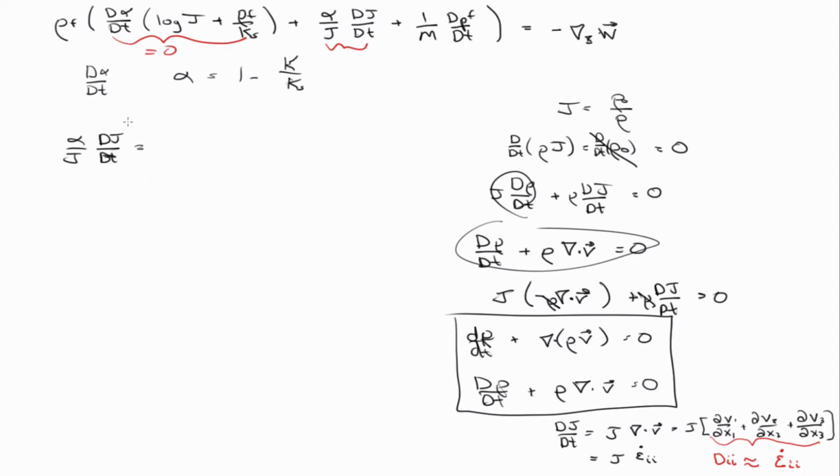So let's plug that back in, right? This expression becomes alpha over J E_II times J. The J's cancel, and then we just have this term.